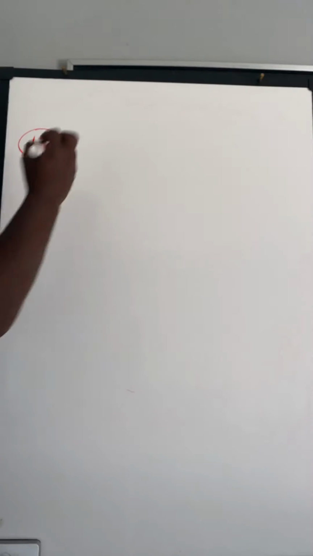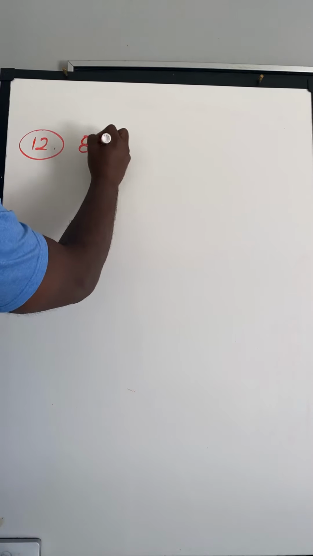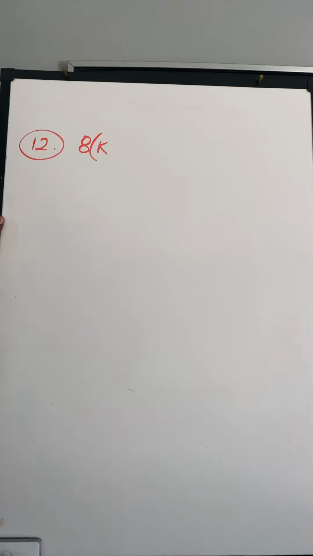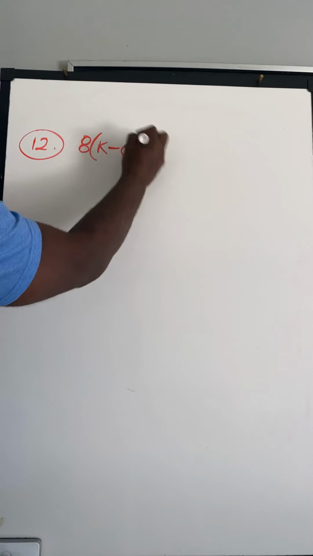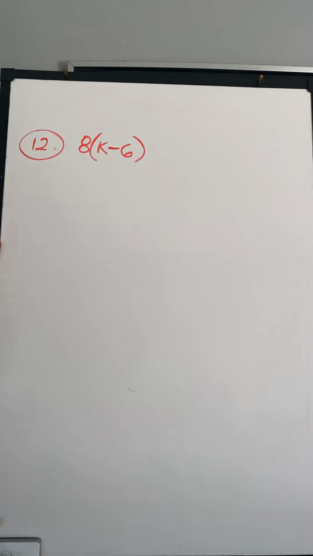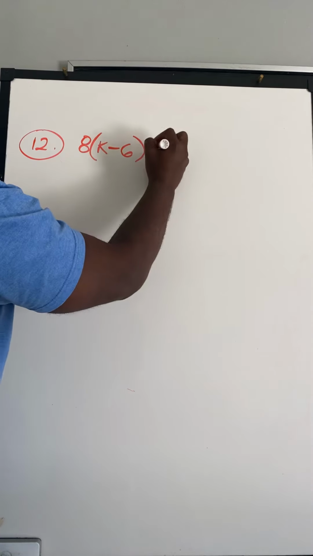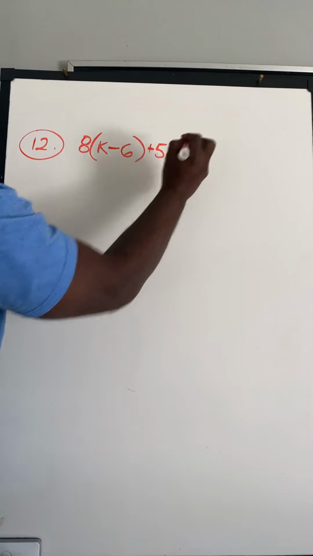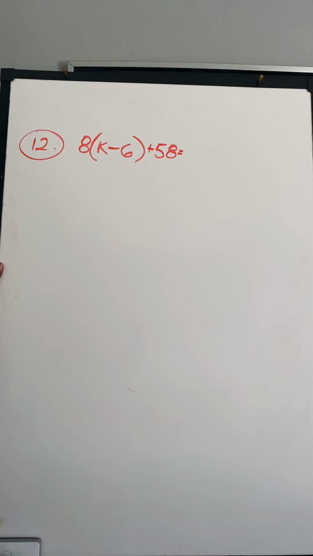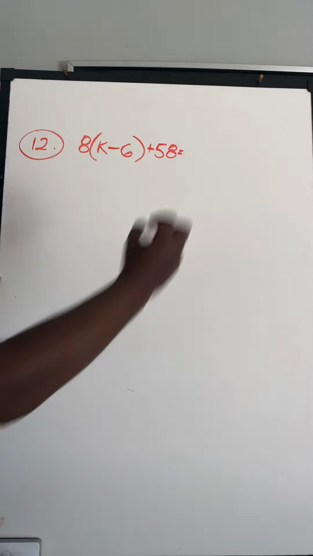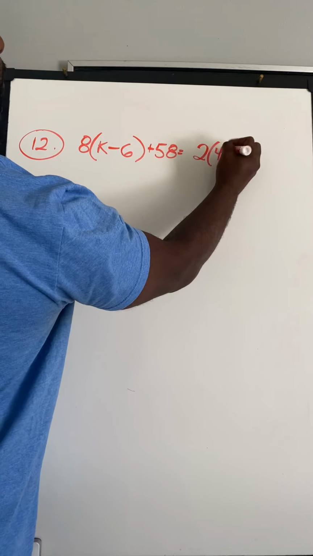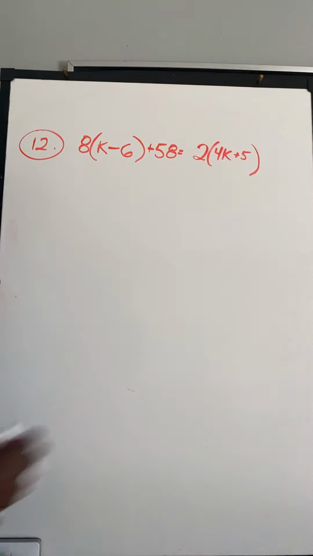All right, and then the last one here was number 12. Okay, so number 12 here, let's do it. We got 8 times (k minus 6) plus 58 equals 2 times (4k plus 5).